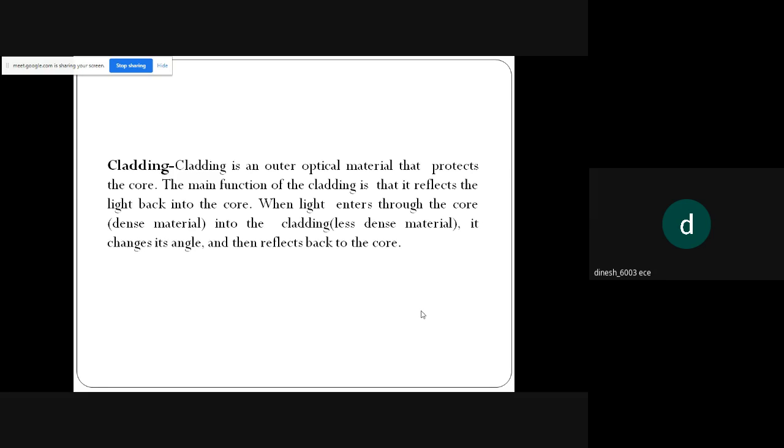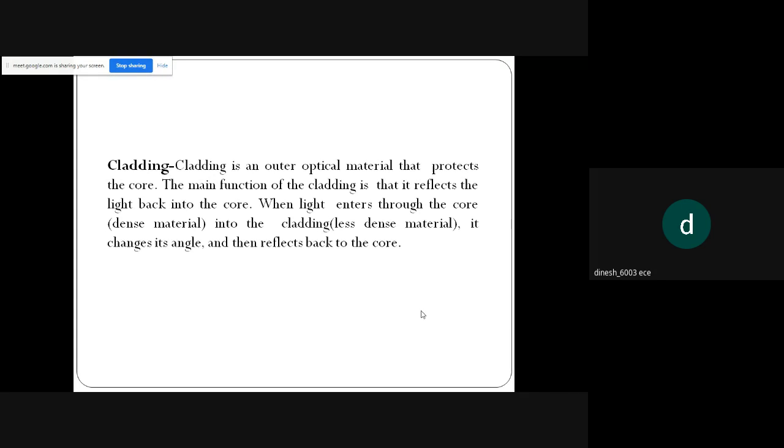When light enters from the core, which is a denser medium, into the cladding material, which is a lesser dense material, its angle changes and it reflects back into the core. This is the function of cladding.